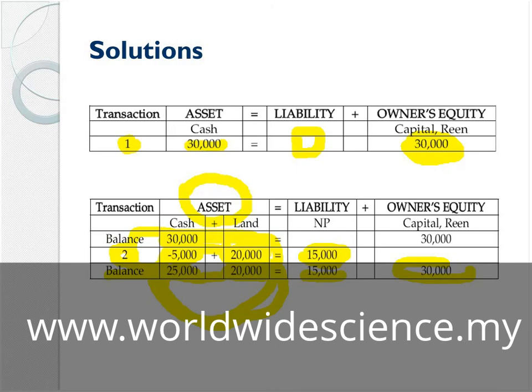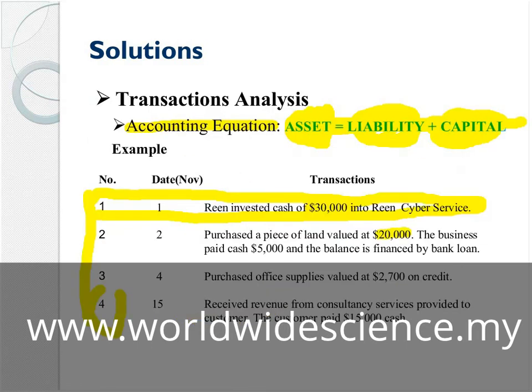That means the customer must pay us 15,000, and later we show in the assets that 15,000, right? And transaction number 4, the customer paid 15,000 in cash. So let's see.